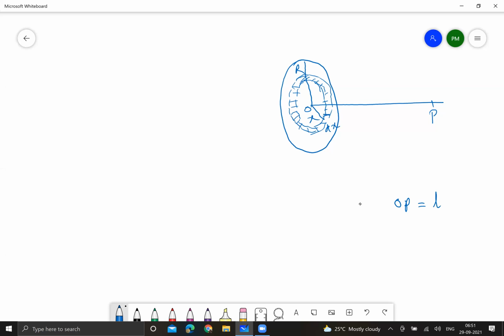Then the distance of this point will become root of x square plus L square. The charge due to this circular strip will be sigma into 2 pi x dx. Correct only? Yes, sir.